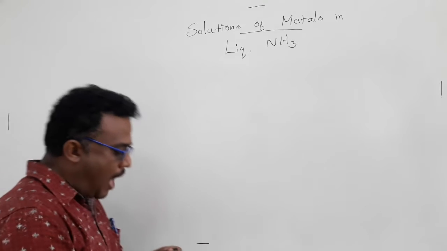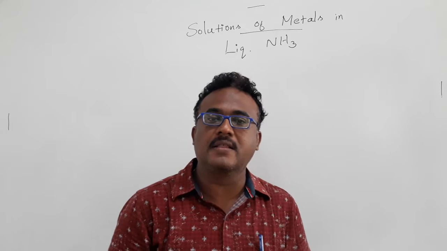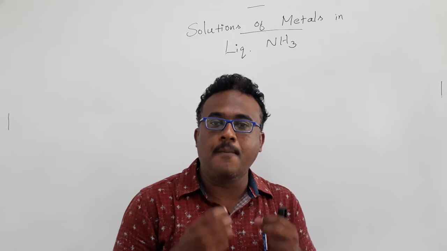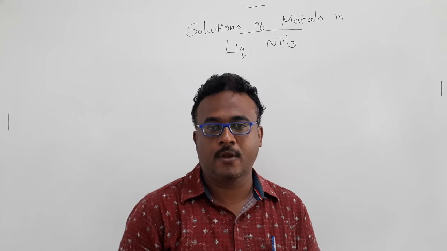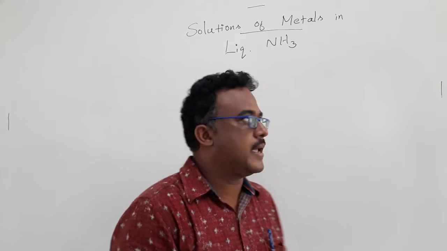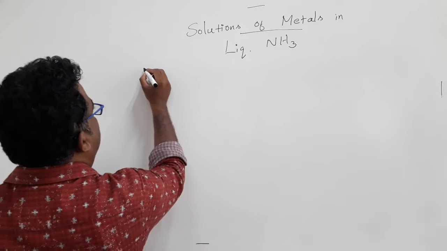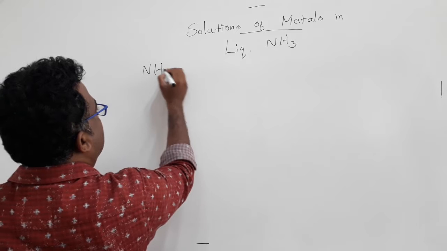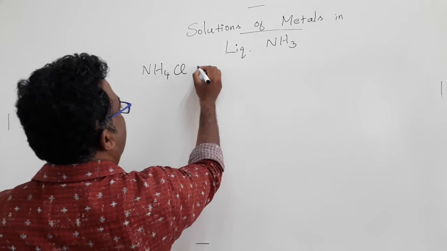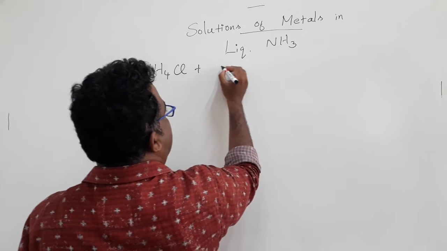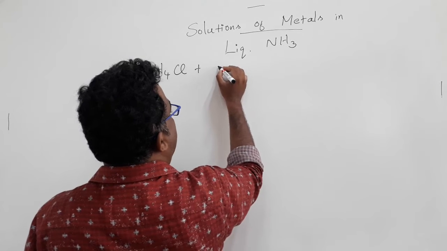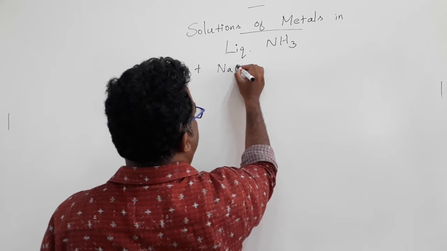Okay, first of all, how can you prepare ammonia in the laboratory? It can be easily prepared by reacting ammonium chloride with any kind of strong base such as hydroxide, for example, sodium hydroxide.